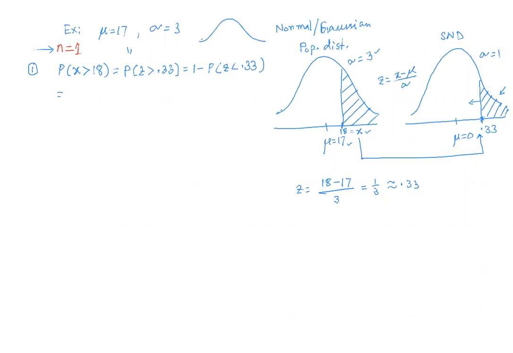For Z equal to 0.33, the table gives me 0.6293. So 1 minus 0.6293 is 0.3707, which, by the way, is nothing but 37.07%.